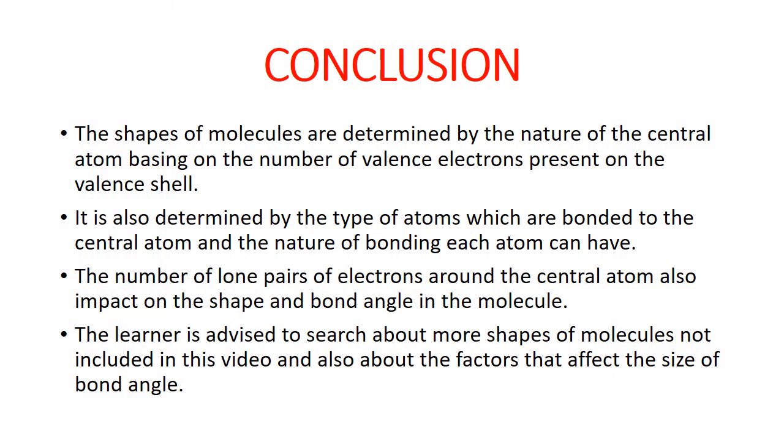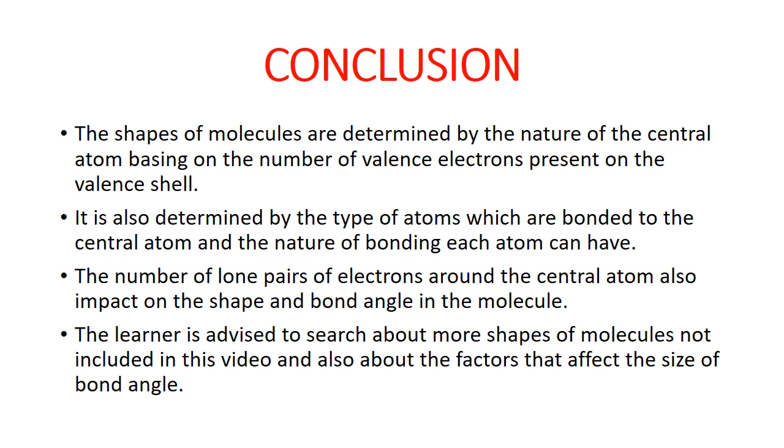Dear viewers, in conclusion, these shapes of molecules are determined by the nature of the central atom, based on the number of valence electrons present in the valence shell. We can also determine these shapes by the type of atoms bonded to the central atom and the nature of bonding each atom can have.